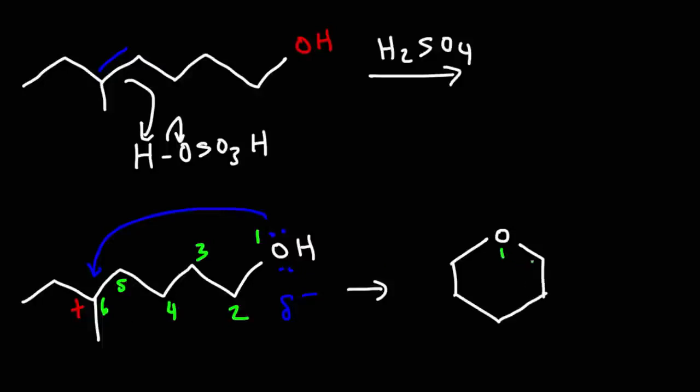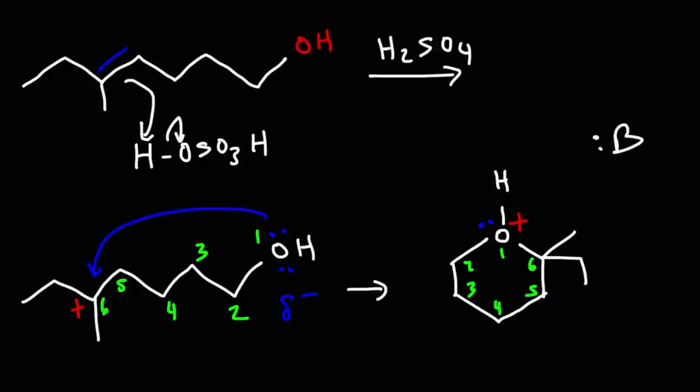On carbon 6, we have a methyl group, and we also have an ethyl group. The oxygen still has a hydrogen attached to it. It lost a lone pair, so it has a plus charge. So that's what we have at this point.